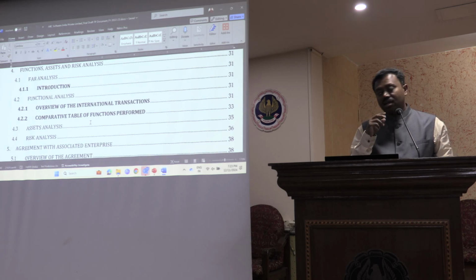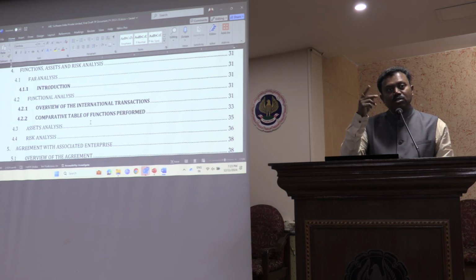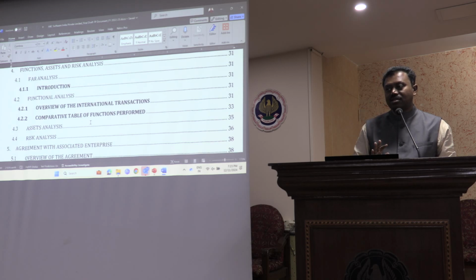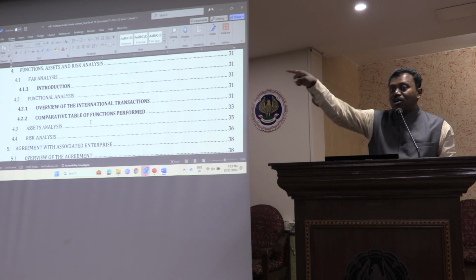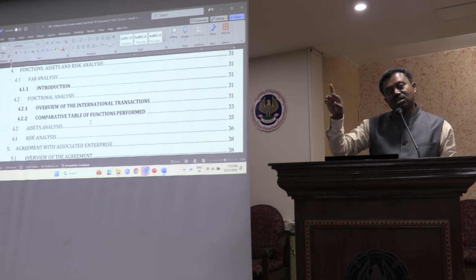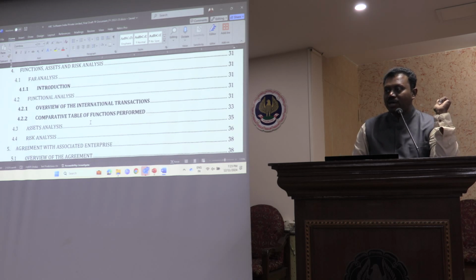When risk is high, will I price more or will I price less? To cover the risk, obviously I charge more. If the risk is less, I charge less. But you are comparing with uncontrolled transactions. In uncontrolled transactions the risk is high. In the controlled transaction the risk is low because I am not dealing with only him.